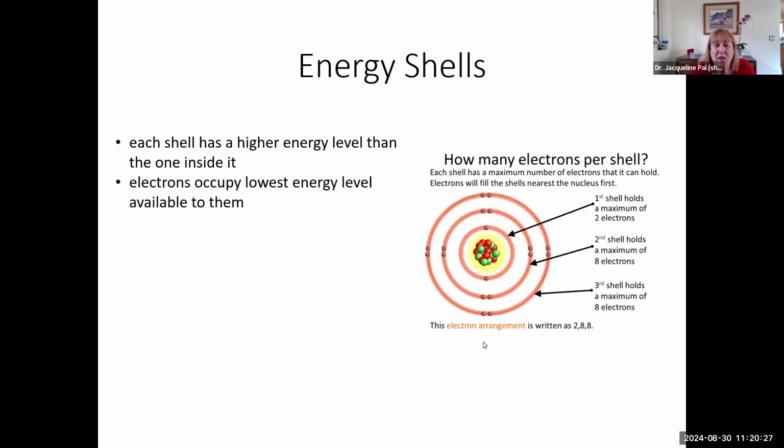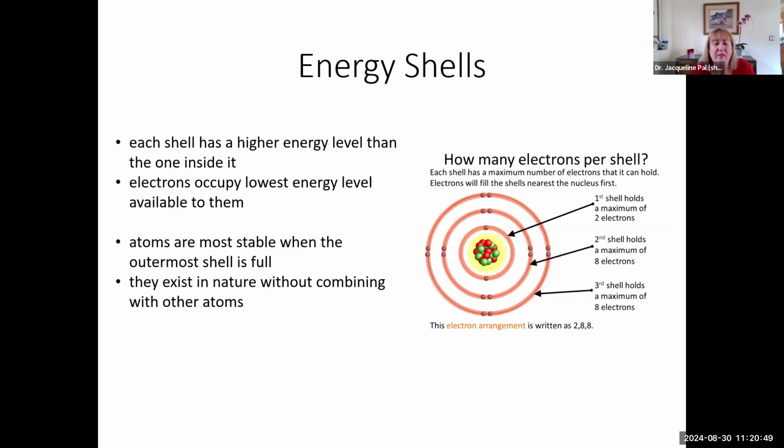Looking at the shells, each shell has a higher energy level than the shell inside it. So this inner shell with only 2 electrons is the lowest energy one. The electrons are going to occupy the lowest energy level that they can. Once that inner shell is occupied, then they'll occupy the next one. They're most stable when the outermost shell is full. When that outermost shell is full, the atom exists in nature without combining with any other atom.